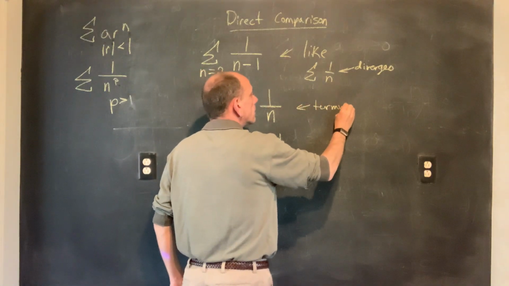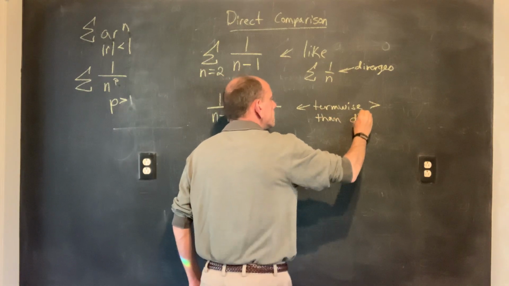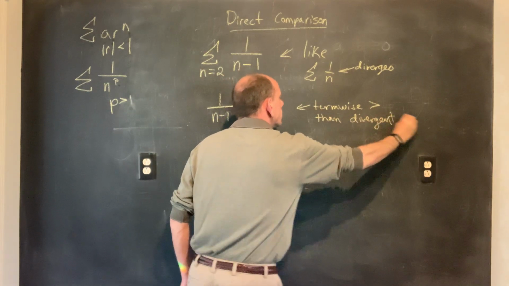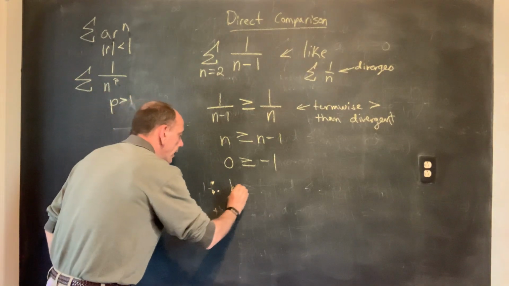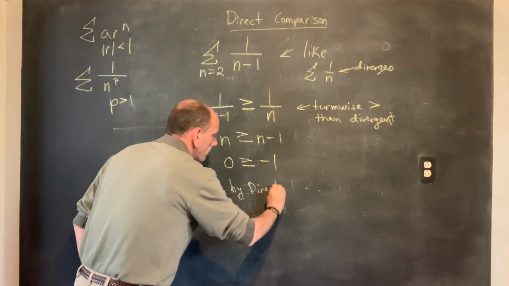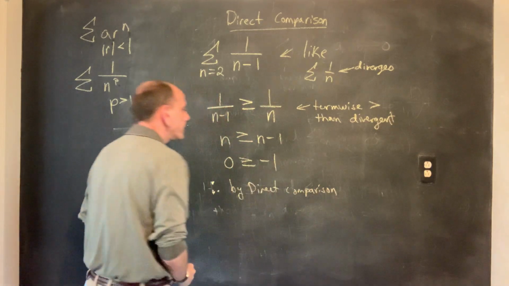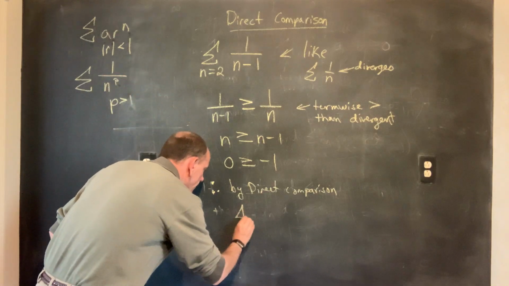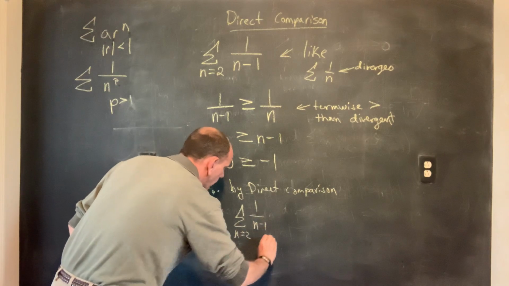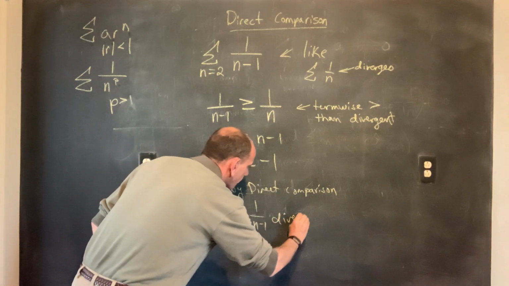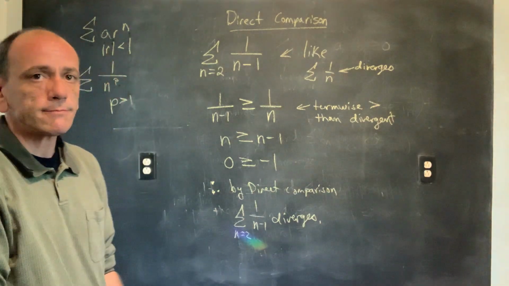Term-wise greater than divergent. And so I can conclude, therefore, by direct comparison, that series n equals 2, 1 over n minus 1 diverges. It's greater than a divergent series term-wise.